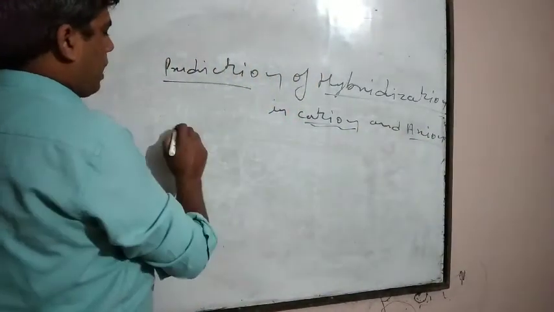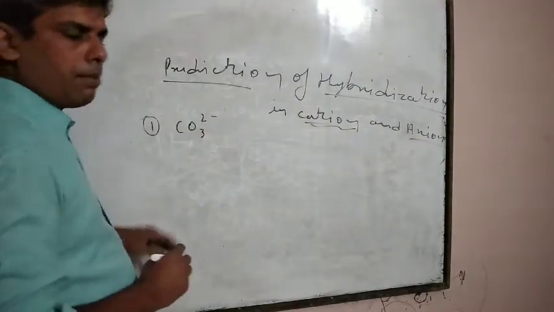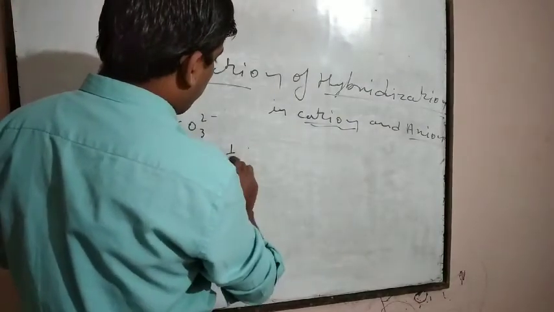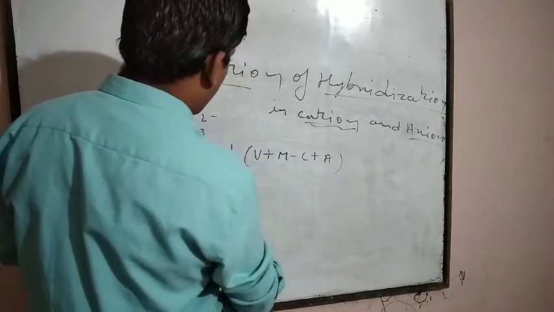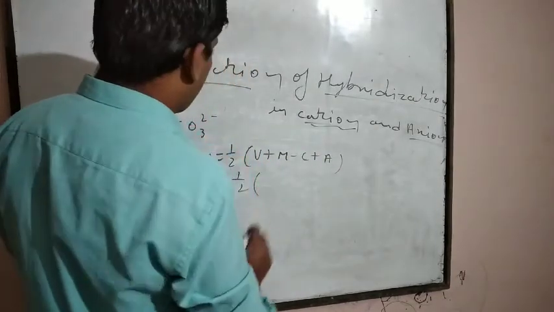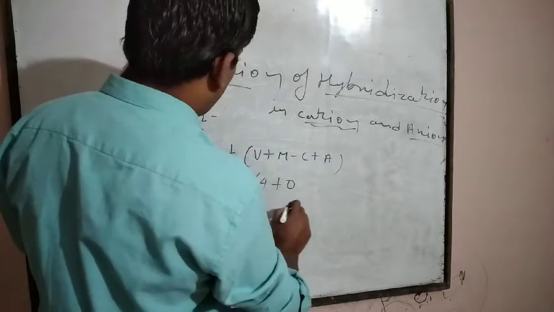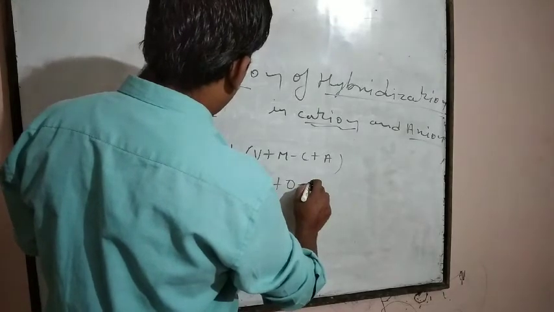Now, if carbonate, CO3 2 minus, is taken, then with the help of the formula H is equal to 1 by 2 (V plus M minus C plus A). What happens? 1 by 2. The number of valence electrons is 4. The number of monovalent atoms is 0. The charge on the cation is also 0.